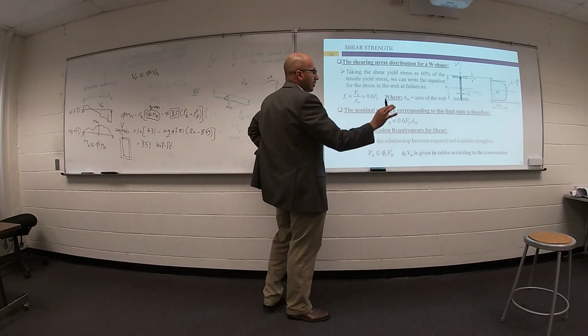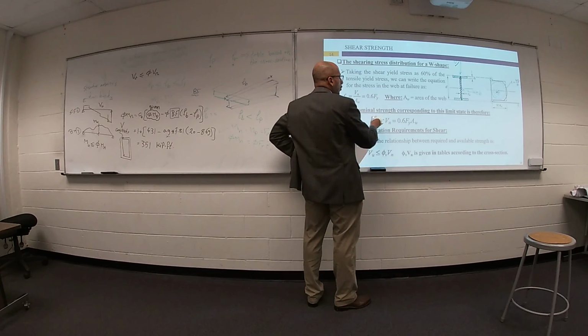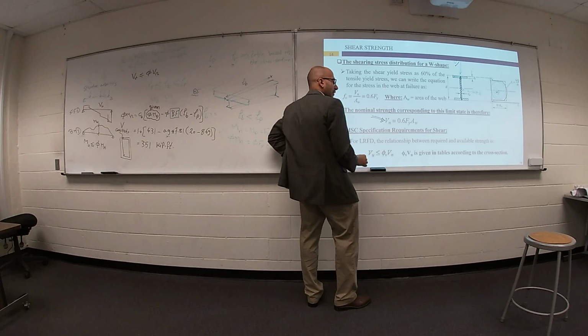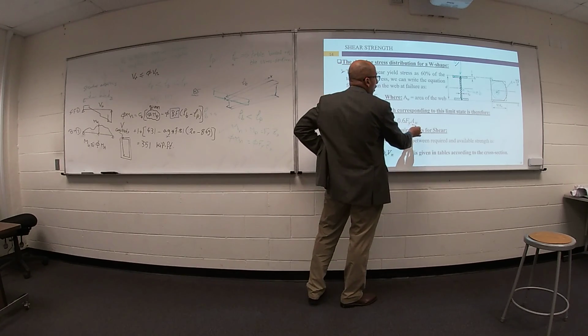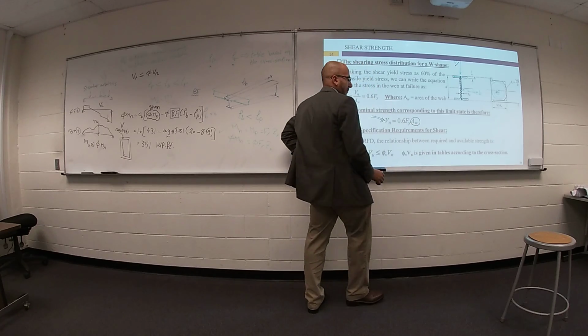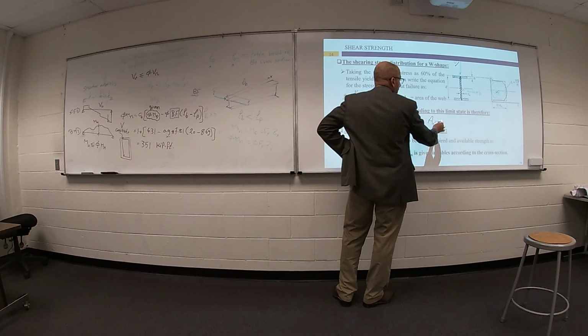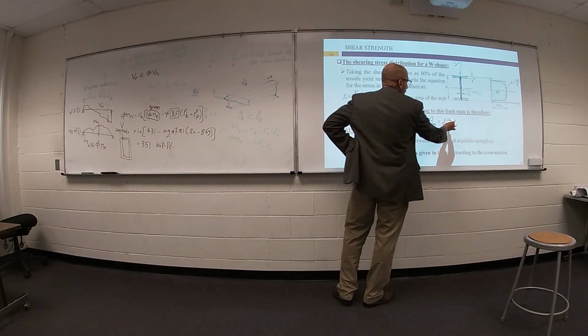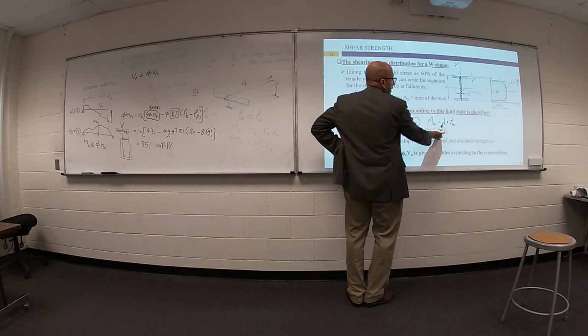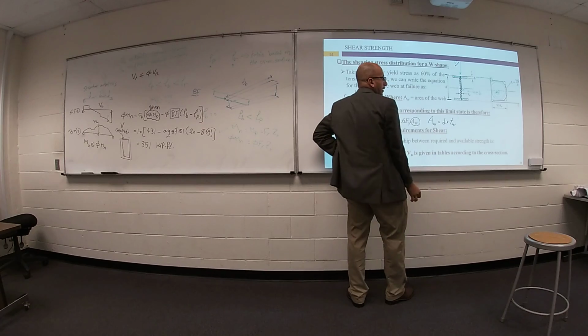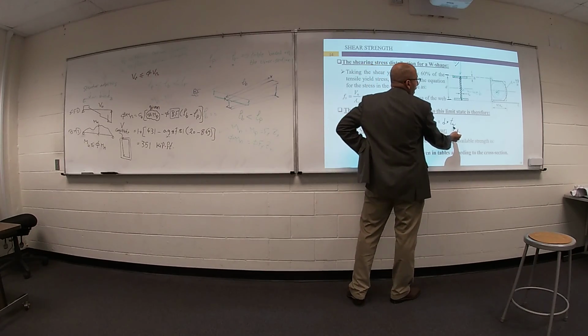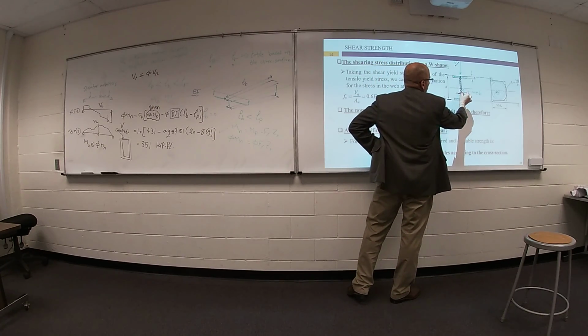So, this is the reason why we said your nominal design shear equals 0.6 times F yield times area web. Your area web equals D times T web. D, the total depth of your cross section. T web, the thickness of your web.